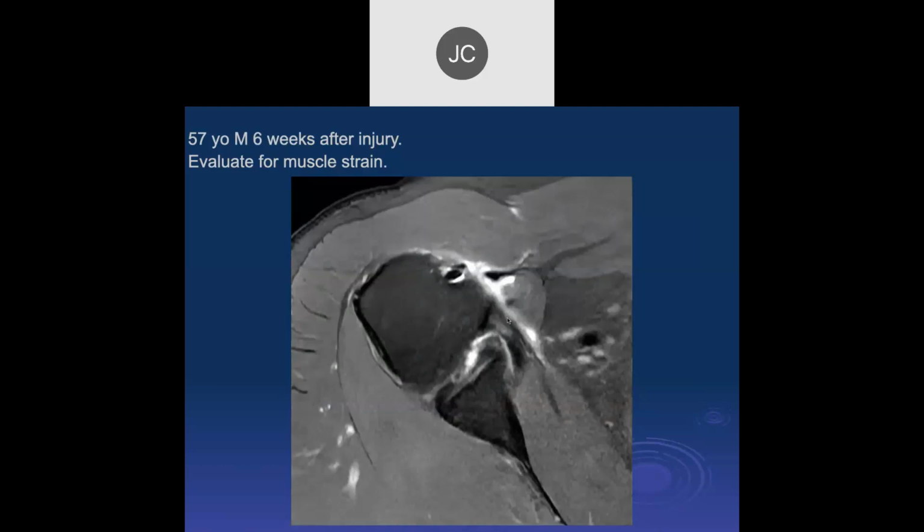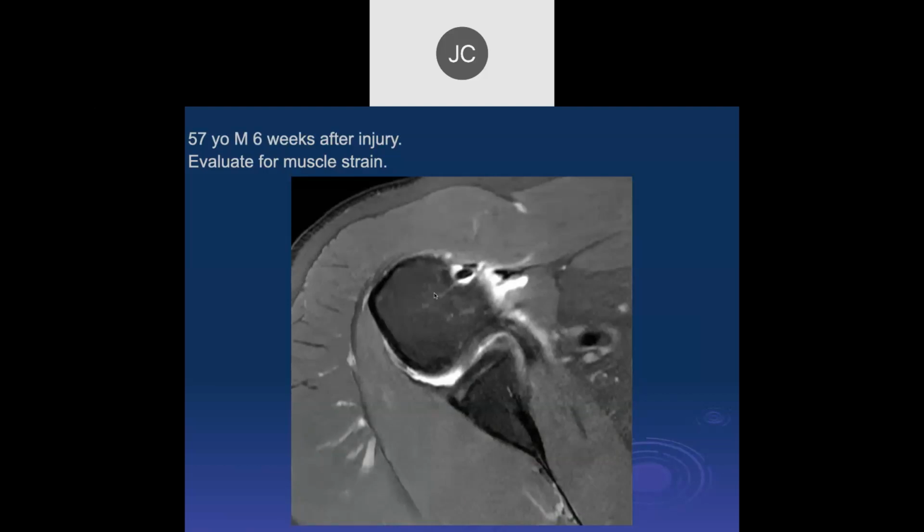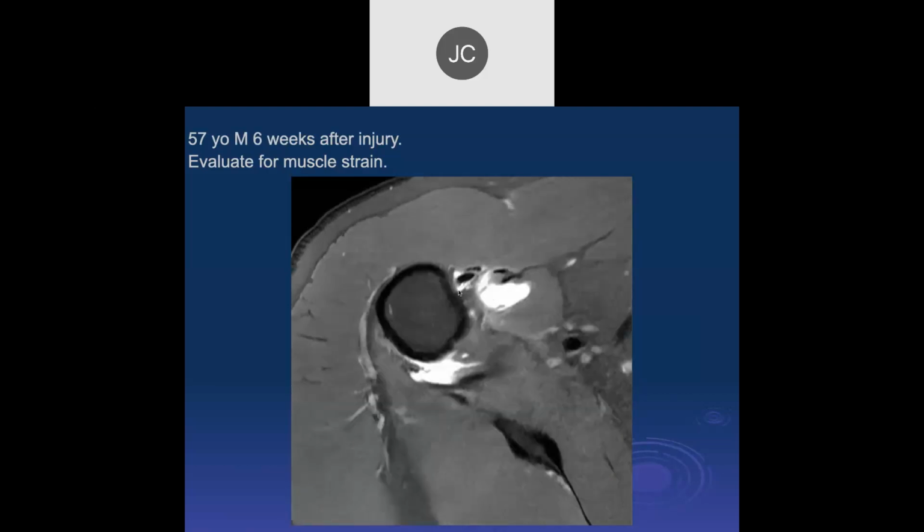It's all the subscap here. So what's this and what's that? The biceps tendon is in the groove, but the structure above it wouldn't be the accessory head, would it? Yeah, that's probably the accessory head. Good. Okay, keep following this.